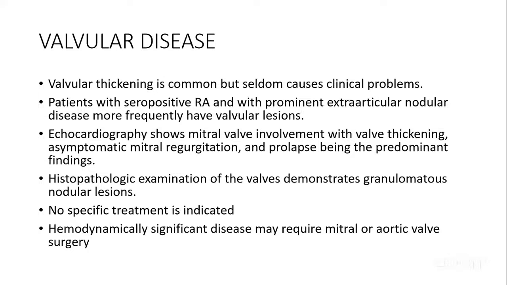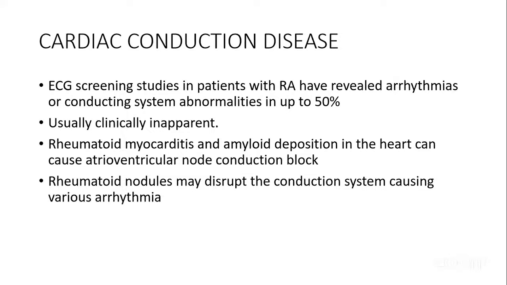And we'll see as we put it together that most of these complications are common in patients that have severe disease, patients that are rheumatoid factor positive, and patients that have longer exposure or longer duration of disease. Then, as part of the inflammatory process going on, in some patients you can have deposition of amyloid or nodule forming along the conduction pathway.